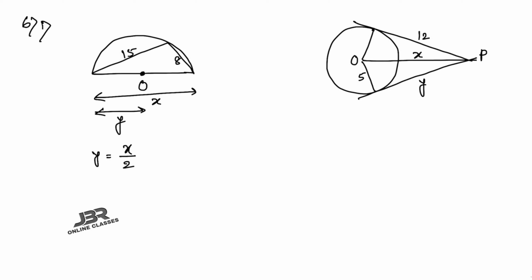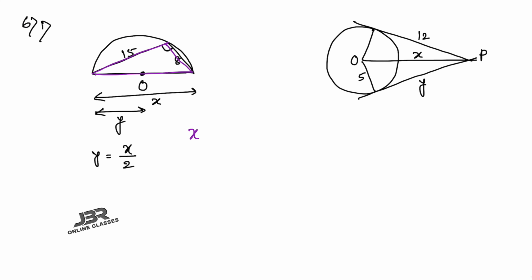Now next thing, as this angle lies on the semicircle, definitely this one equals 90 degrees. So that means this triangle is a right angle triangle. And here the diameter is the hypotenuse.